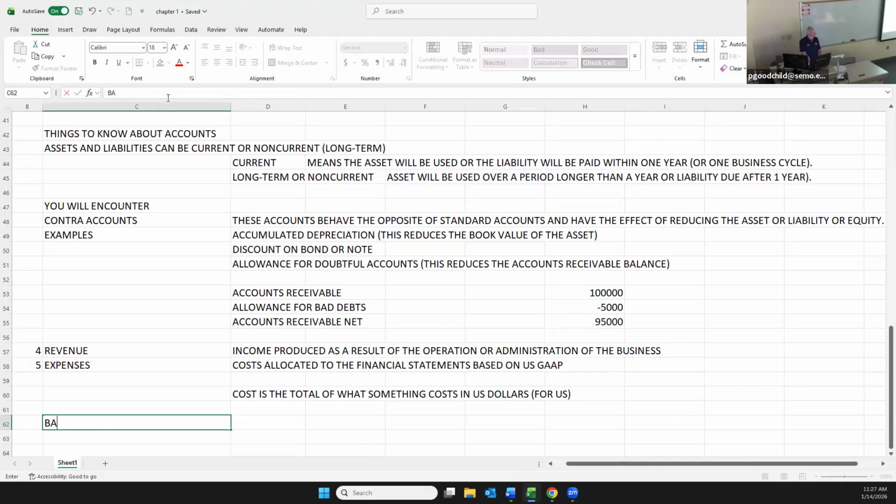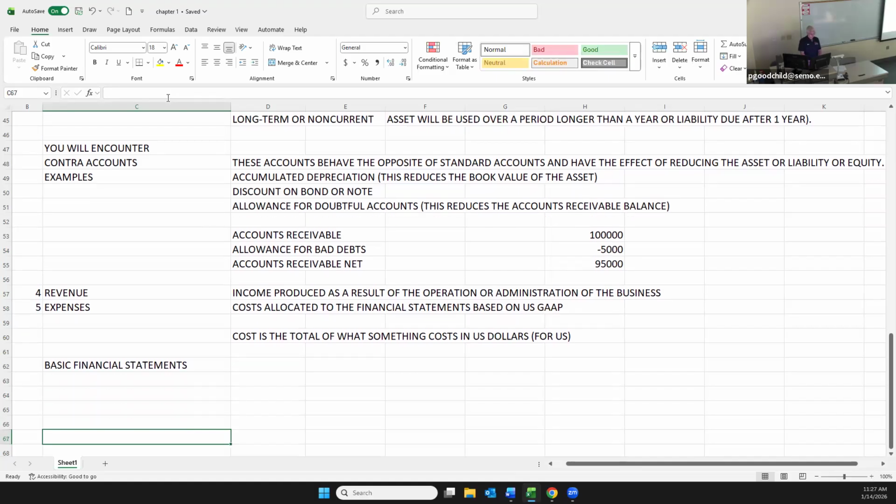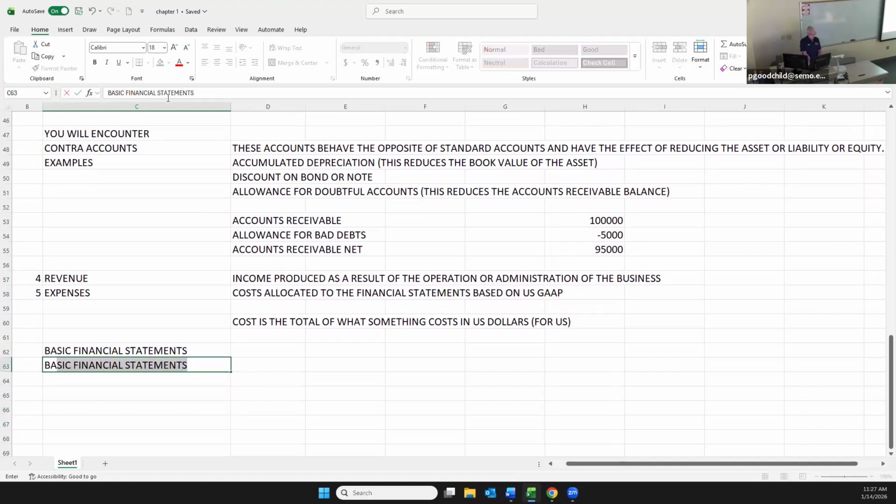What are the basic financial statements? You have the balance sheet. You have the income statement. You have the statement of cash flows.